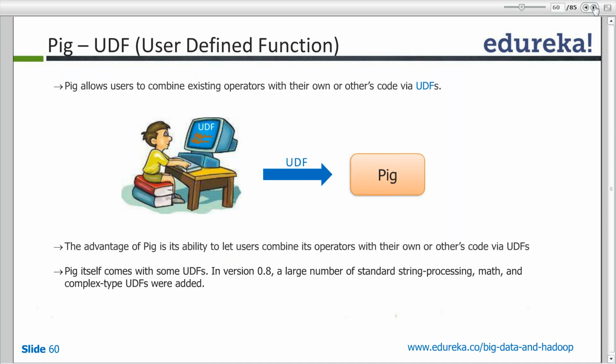The advantage of Pig is its ability to let users combine its operators with their own or others' code via UDFs. Pig itself comes with some UDFs. A large number of standard string processing, math, and complex types UDFs were added from version 0.8 onwards.